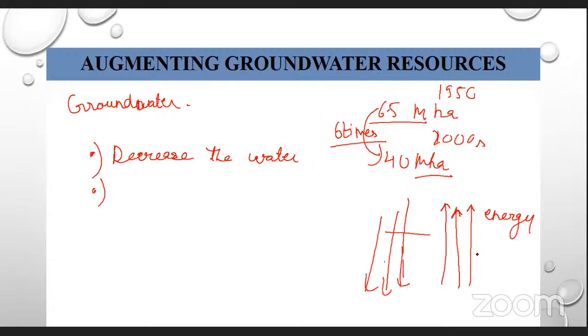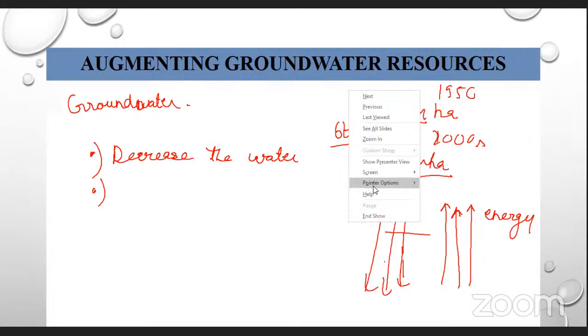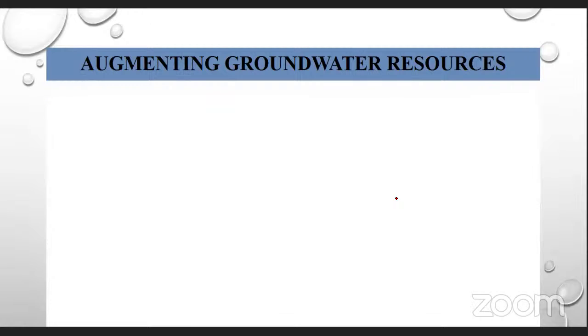And also, there is a failure of the wells and tube wells that occurs. So now what we have to do is use our surface irrigation, meaning the surface water, as well as artificial groundwater recharge.